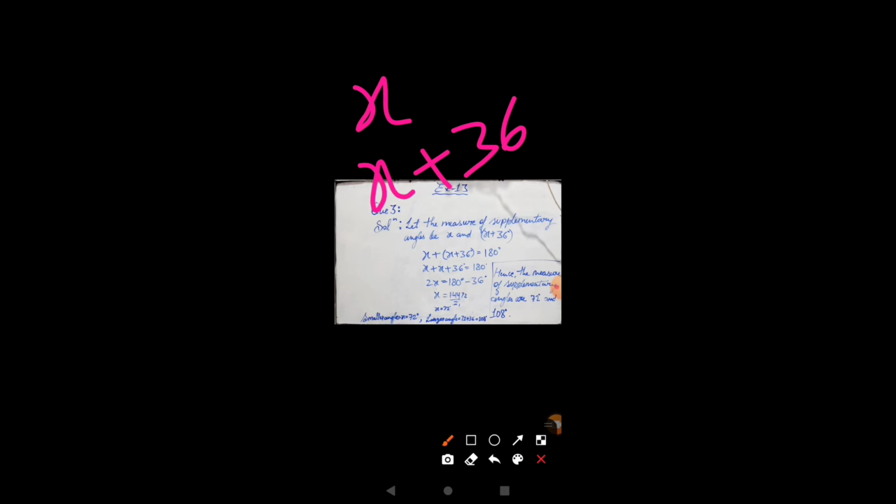Now we can write: we know the sum of supplementary angles is 180 degrees, so we will write x plus 36 in brackets, equal to 180 degrees. In the next step we will open the bracket. So x as it is the first angle, and in the second angle we write x plus 36 equal to 180 degrees.